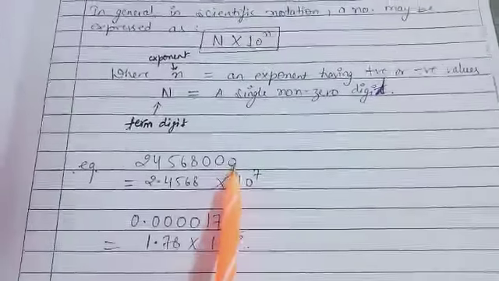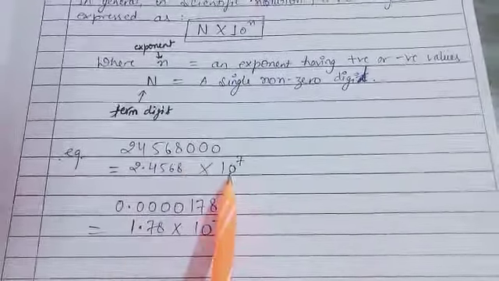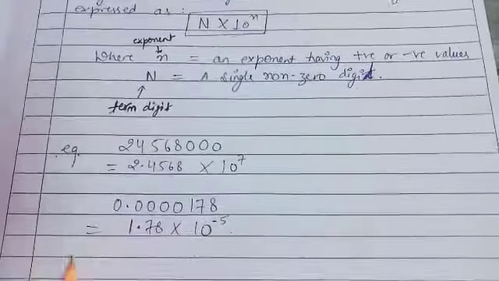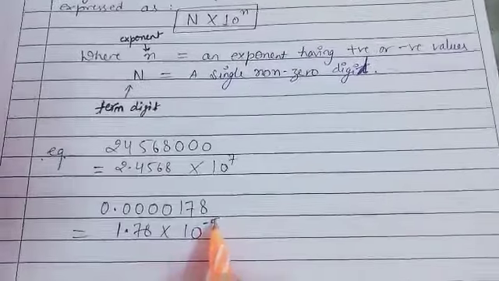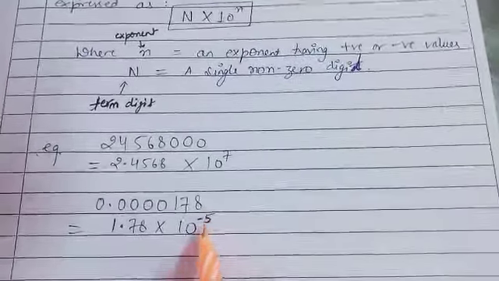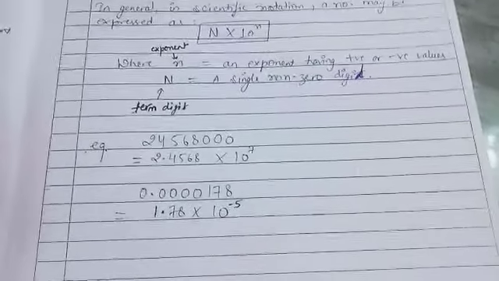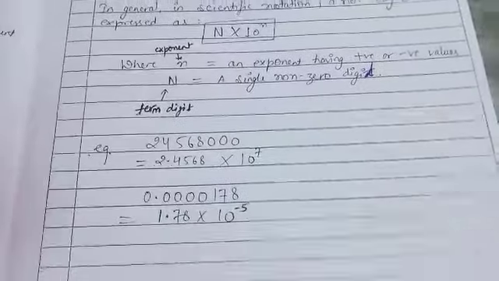When we move from right to left, the power increases in the positive, and when you move from left to right, the power increases in the negative. This is simple and required for your numericals, where you have to convert into scientific notation. Okay, thank you.